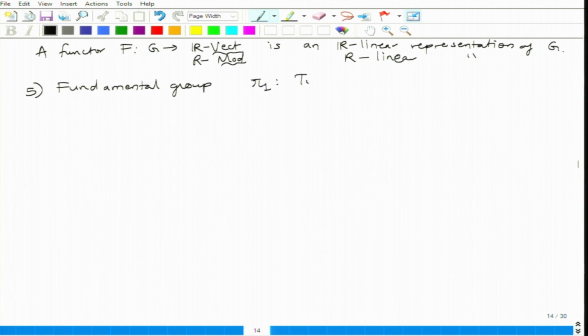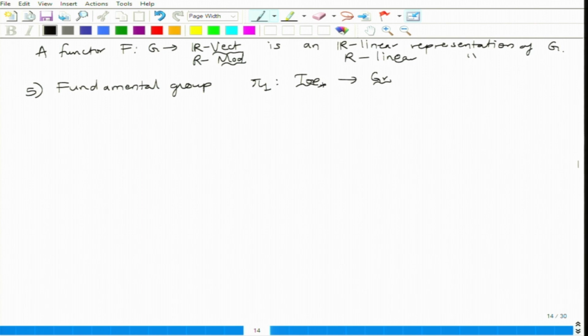Pi 1 is a functor from Top star to groups. Every (X, x naught) will get mapped to pi 1 of (X, x naught), and any continuous base point preserving map will induce a group homomorphism. So it behaves well with respect to the natural maps present in Top star, and therefore this is a functor.